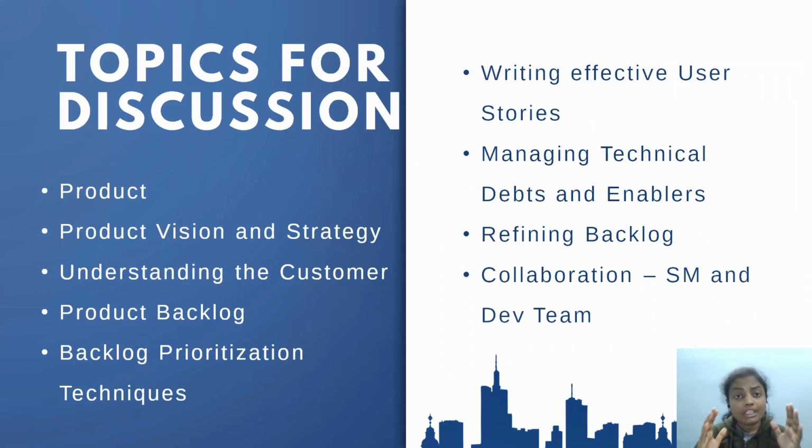So we need to ensure that we are following certain guidelines and we also have some best practices so that the user story is actually conveying the right information to a developer, to a tester, to a product owner to accept the story. So it's very important how we are going to design the user stories in an effective way. We will be discussing that.